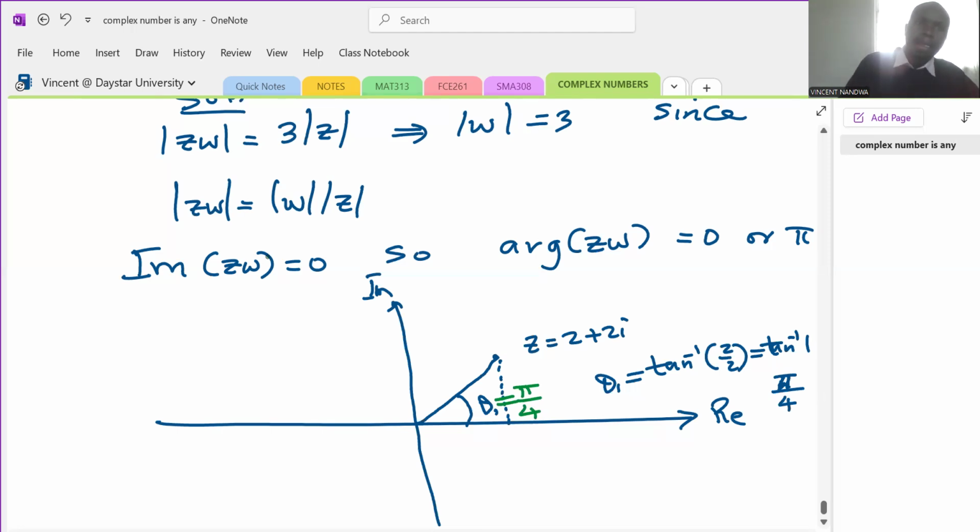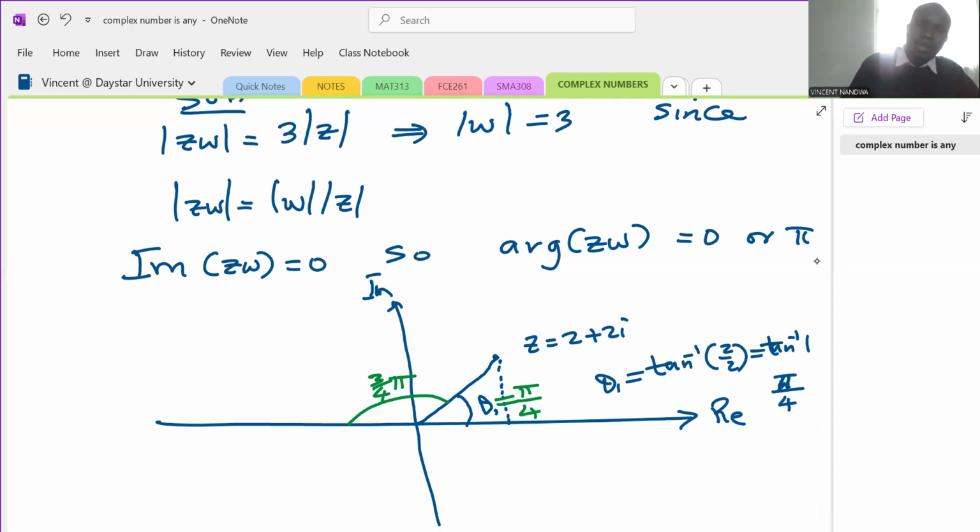So since the argument of the product is 0 or pi, as the imaginary value of the product ZW is 0, then this other angle here, if this is pi over 4, then this must be 3 over 4 pi, because the total should be 180 degrees, or simply pi.